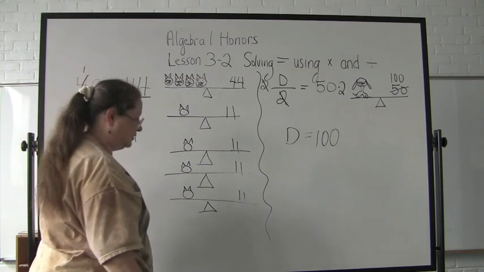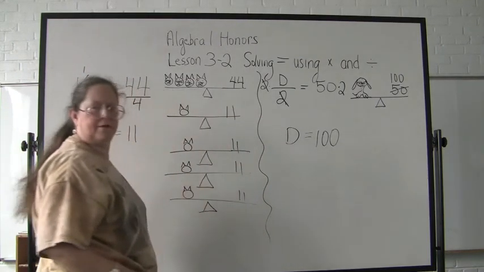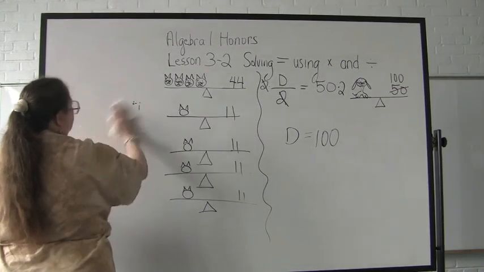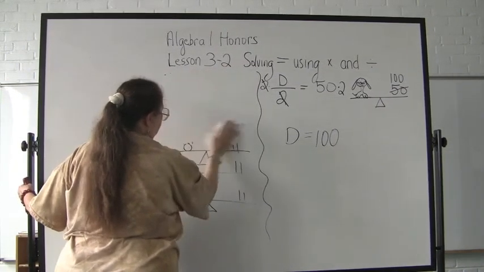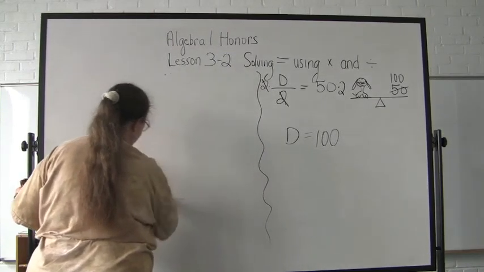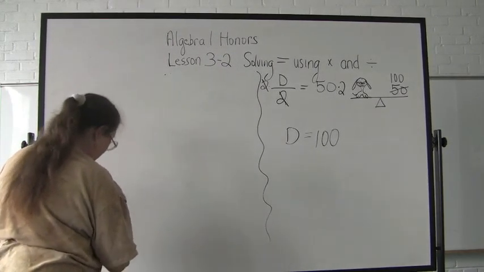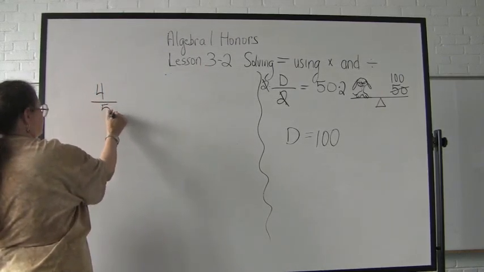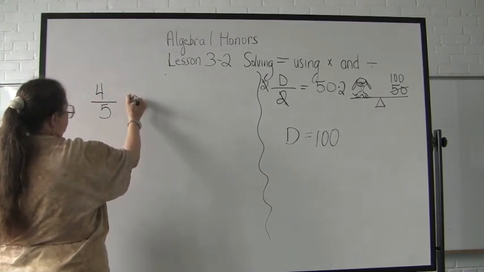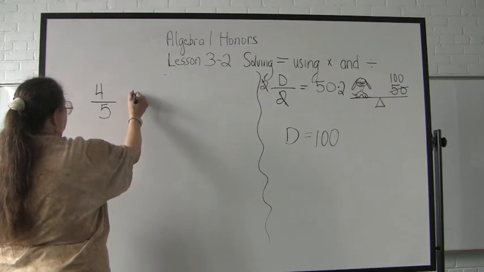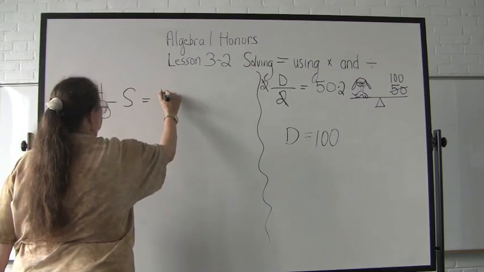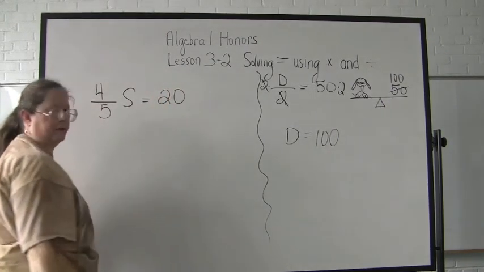Now, let's reiterate one thing that we learned in a prior lesson. All right? If you have an equation like this, 4/5 of, I don't know, let's say we've got a snake card this time, is equal to 20.